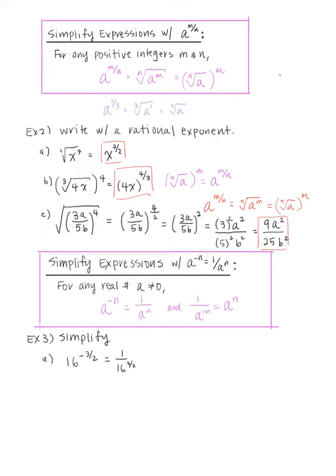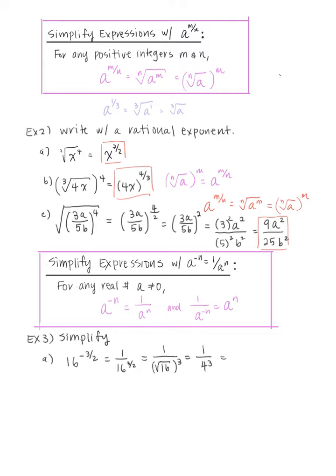So what we're going to get is 1 over 16 to the positive 3 over 2. If I keep simplifying this, remember, the bottom is the root, so we're going to have 1 over the square root of 16, and then the whole thing to the 3rd power. Which is the same thing as 1 over, well, the square root of 16 is 4, so we're going to have 4 to the 3rd.